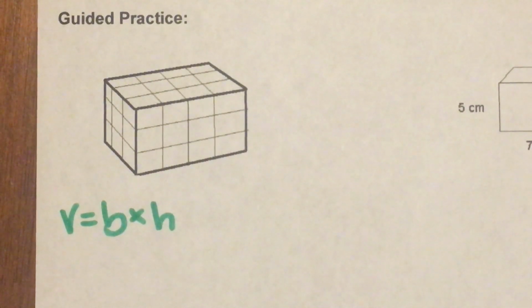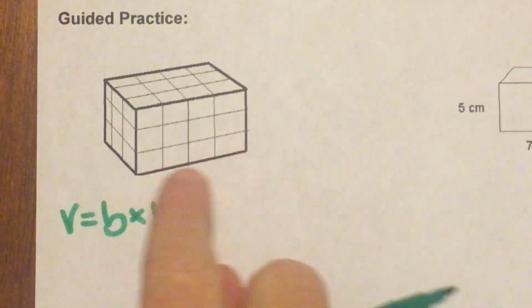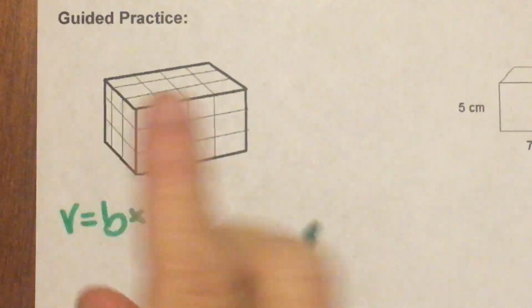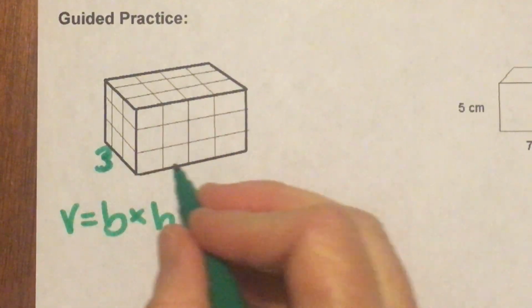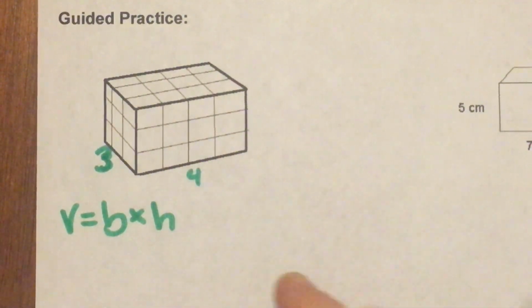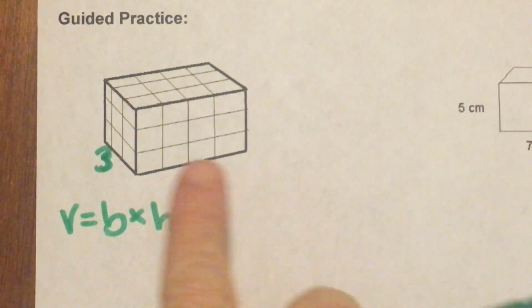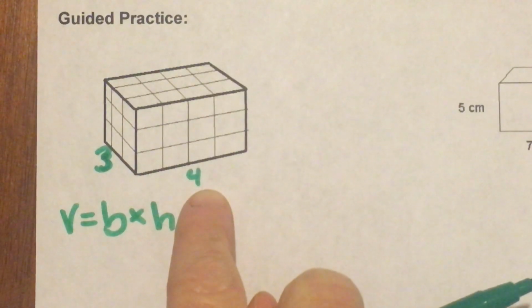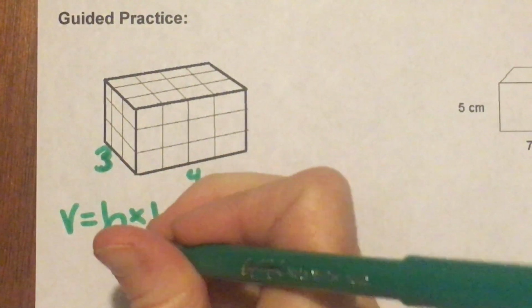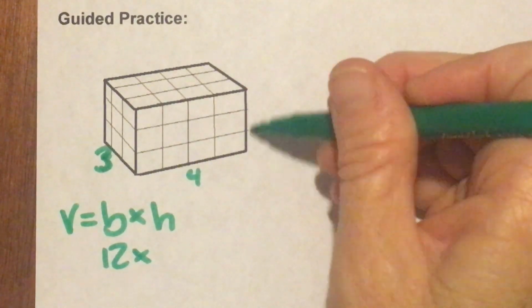So our base, this is a little tricky because we can't really see the whole thing. So we're going to have to use these numbers to help us. If this is 3 right here, and there's 4 of them there, how many are on the base? Remember, the base means the area of it. Well, we realized area is multiplication. So 3 times 4 is my base, and my height is how tall it is.